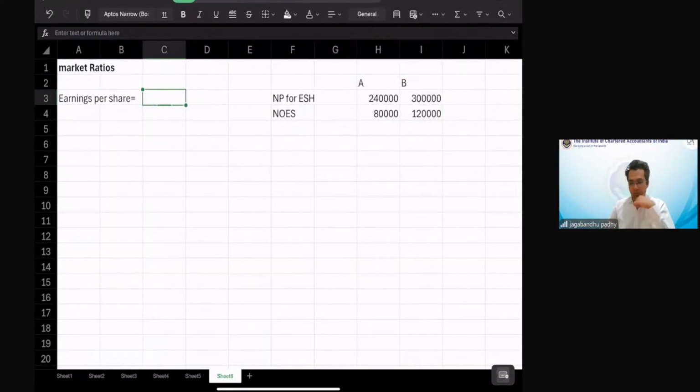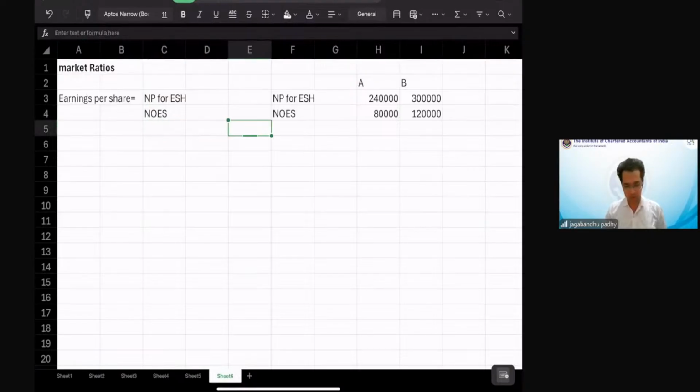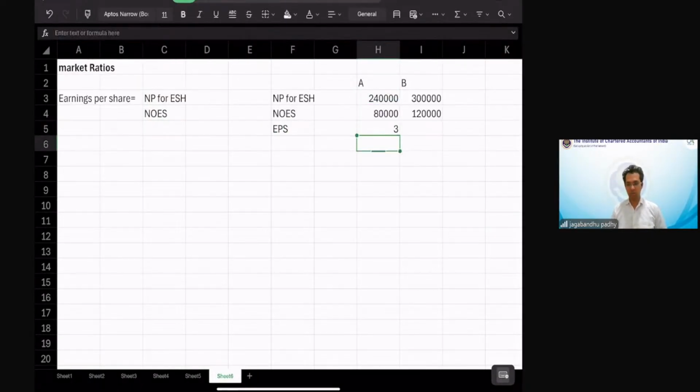If 2 lakh 40,000 is the net profit for equity shareholders for company A, and 3 lakh is the net profit for equity shareholders for company B, the formula is net profit for equity shareholders upon number of equity shares. EPS will be net profit for equity shareholders divided by number of equity shares, and for B it is 2.5. That's our formula for EPS.